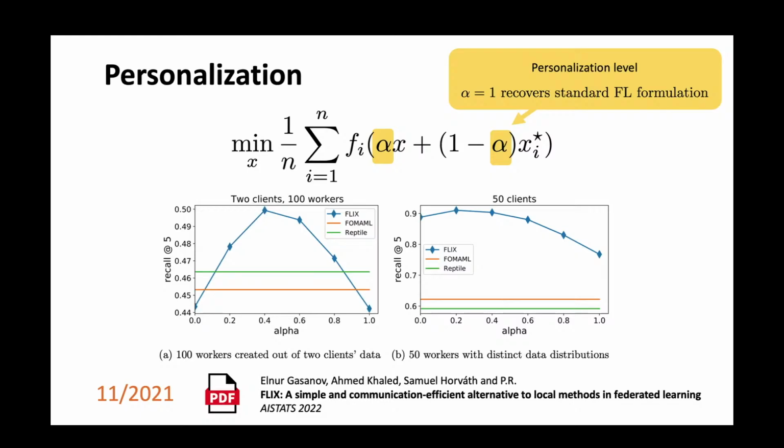Here is recall. And you would see that recall is better for something in between those two extreme points, 0 and 1, which tells you that this parameterization is useful, that it is better to personalize in some sense. It is better not to solve the original formulation, and not to solve everybody trains on their own, but do something in between.